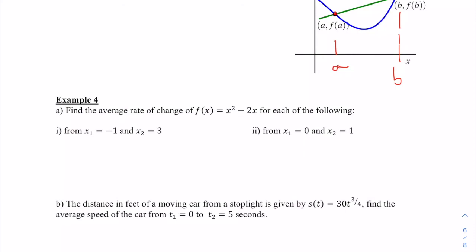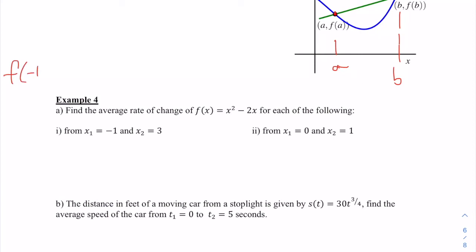So for this one, we're going to consider this parabola, and we're going to find those values where x equals -1 and x equals 3, and determine the rate of change between those 2 points. And for the next problem, we'll consider 2 other points, 0 and 1, and see what happens between those 2 points. Before we can find the rate of change, we have to find the y values.